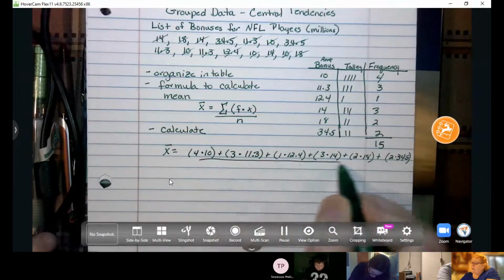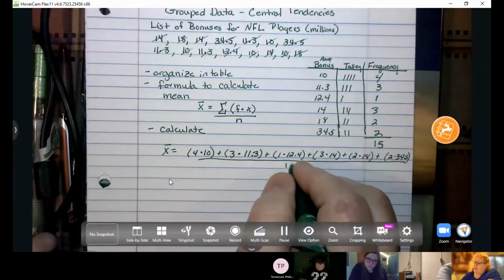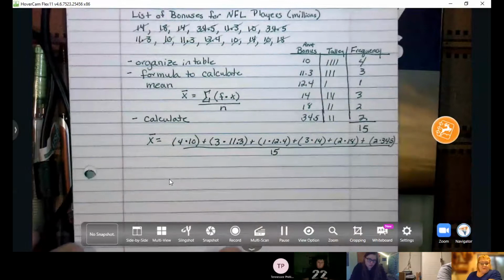And all of that will be divided by the number of items that we have, which is 15.